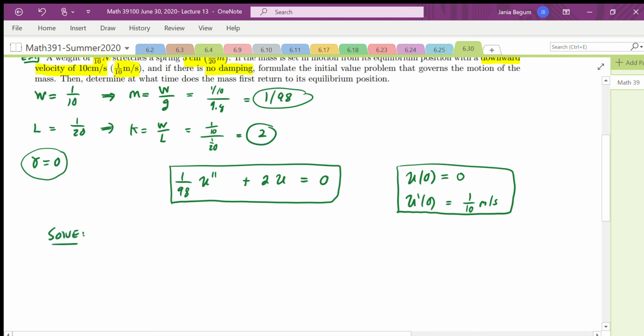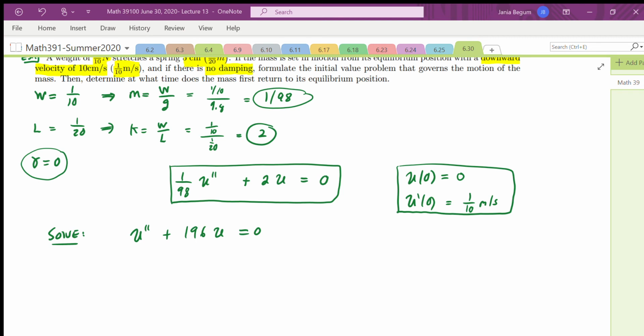I'm going to multiply both sides by 98. What's 98 times 2? That should be 196. So we have u double prime plus 196 u equals 0. It looks right.